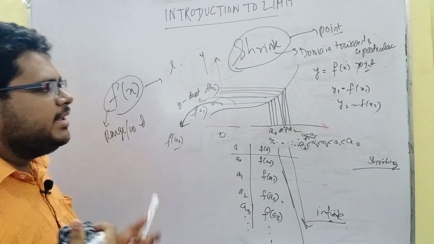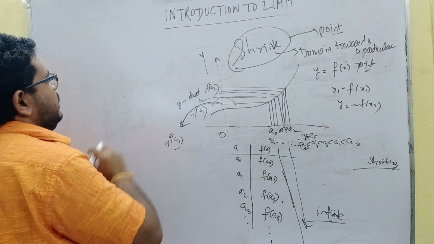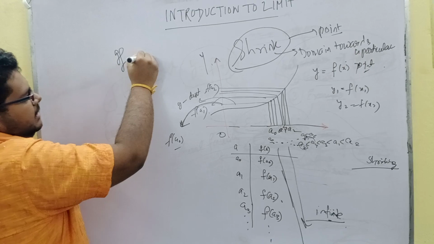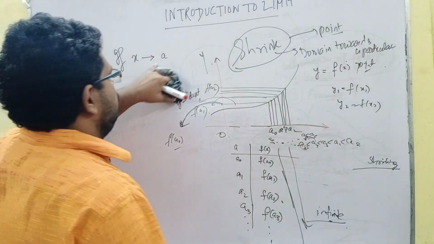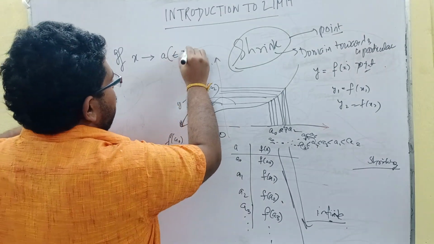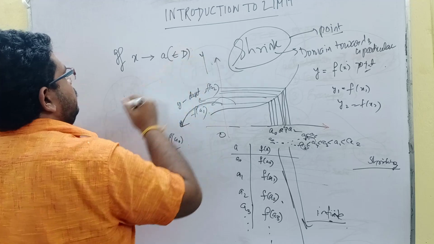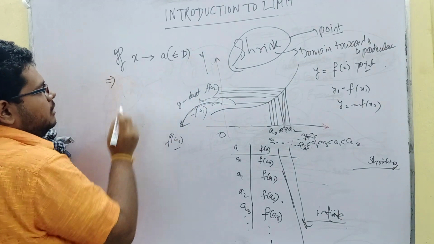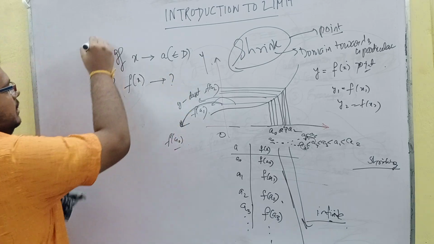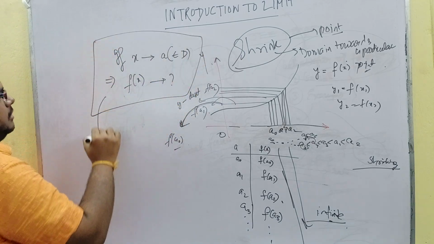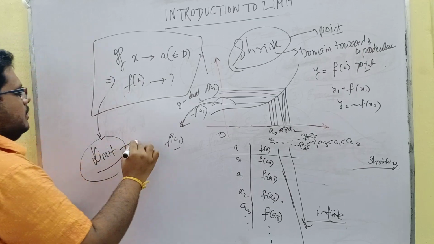So in an intuitive manner we can say that if x goes to some a in the domain, where a belongs to the domain of f, then where does f of x tend to? This is the question that limit answers. This is your requirement.